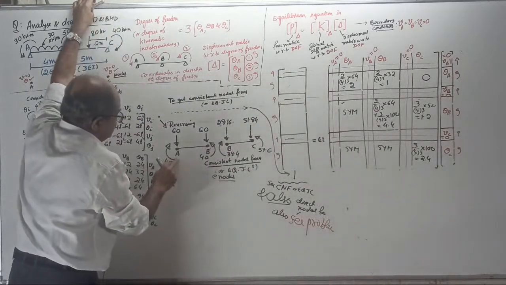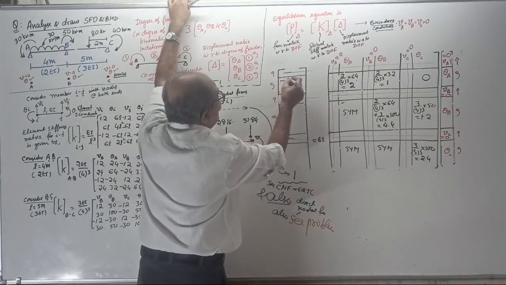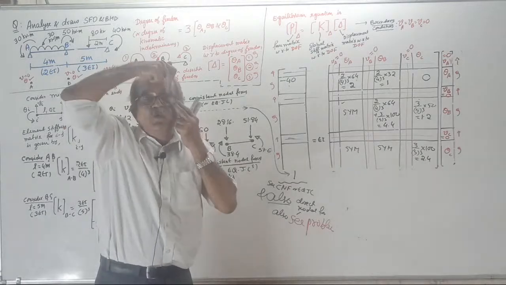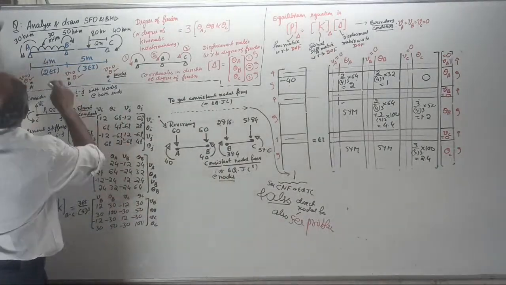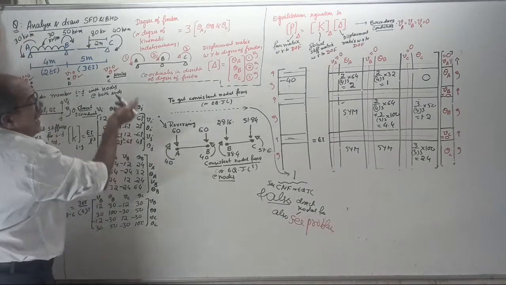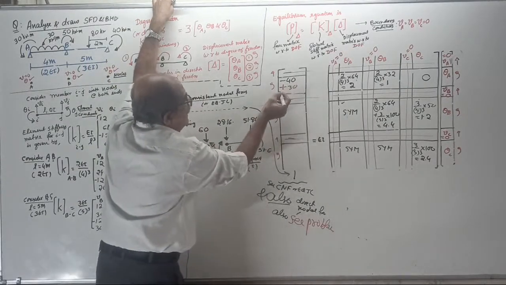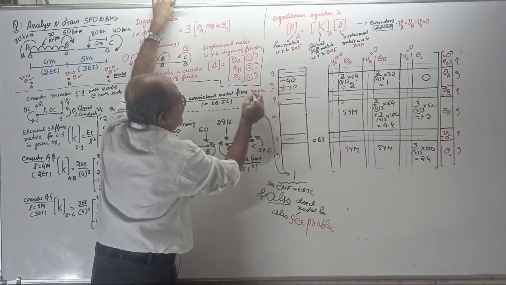Yes, there is a clockwise 40 here, so it becomes minus 40. And be careful, I tell the class, open your eyes and see the problem also. Yes, at A there is a direct couple given, 30 anti-clockwise. So plus 30. I always write, do not forget me.